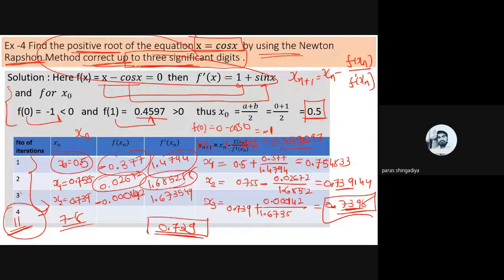So this is the importance of this method, and you can find a very quick answer of any type of equation by using the NR method. The rate of convergence of the NR method is very high compared to the bisection and Regula-Falsi methods.